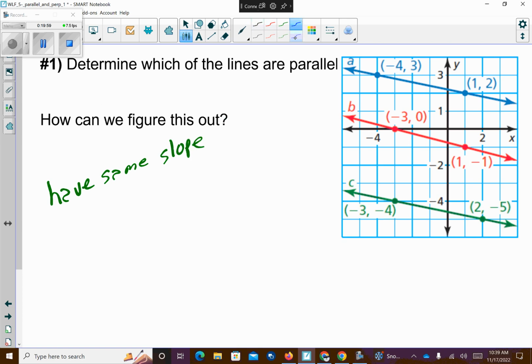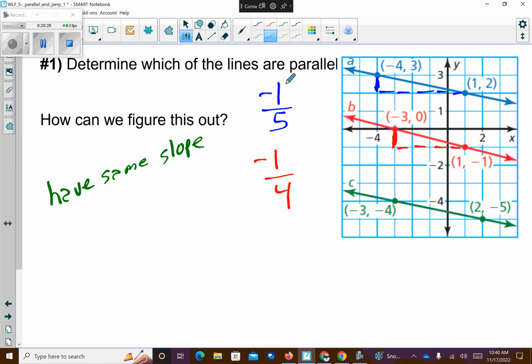All right, so for our blue line, let me find the slope. I'm going to go down 1. Is that okay so far? And right 1, 2, 3, 4, 5. Blue has that. Let's do the same with the red. I'm going to go from this point. Down 1, right 1, 2, 3, 4.